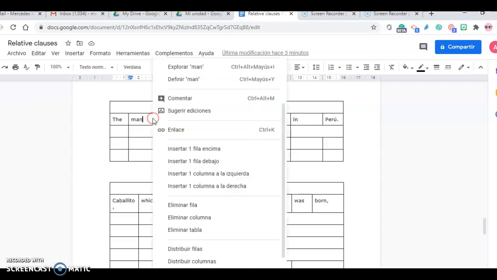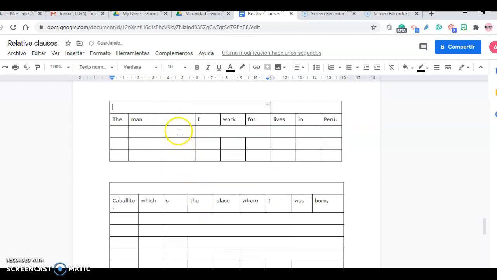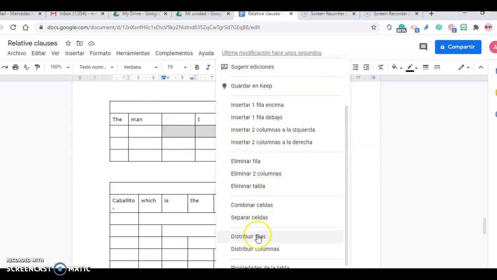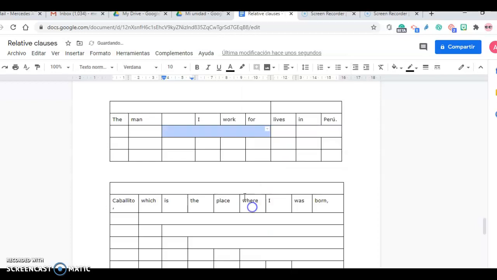If we had that here, the analysis that we would have would be subject and this is the predicate.